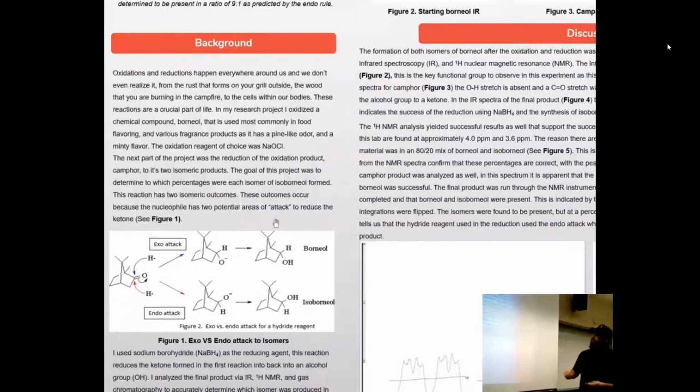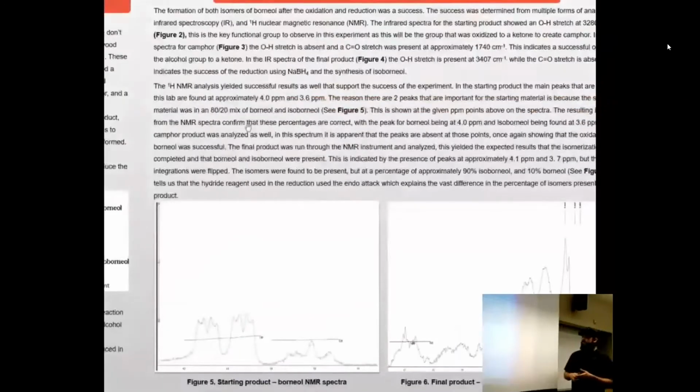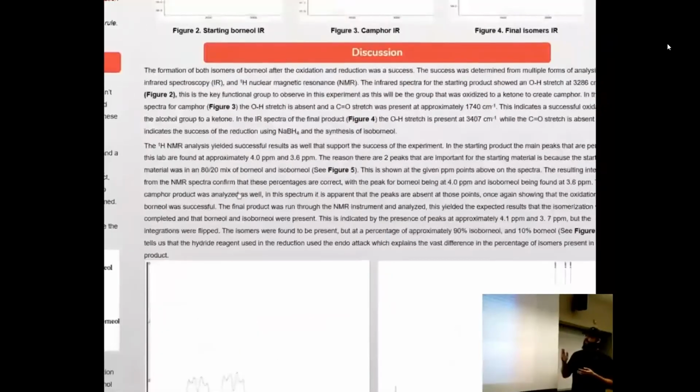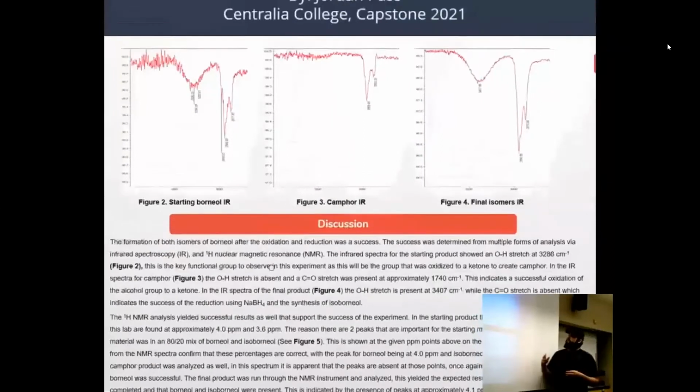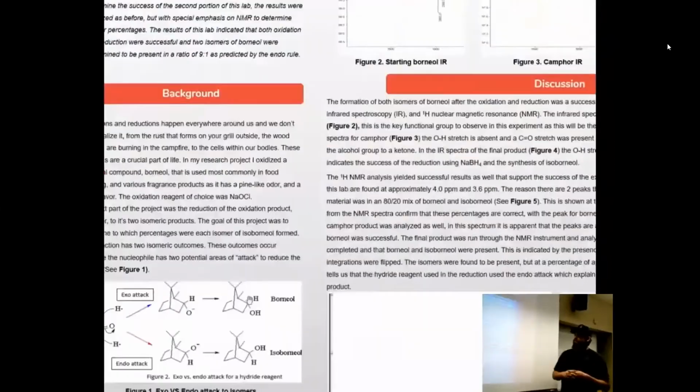To determine these percentages, I used NMR and IR. Starting with the IR, we have three images right here. In the starting product at the top, you can see the presence of the OH group.